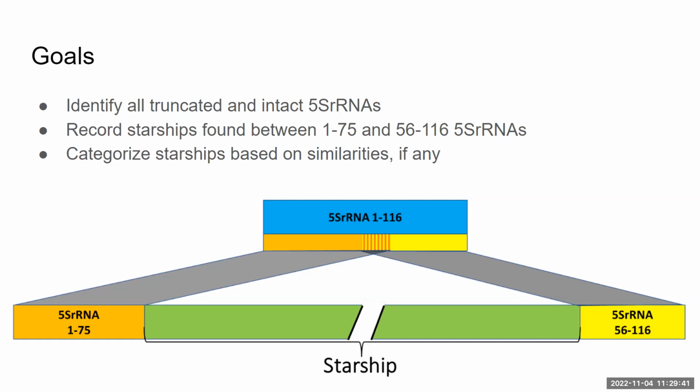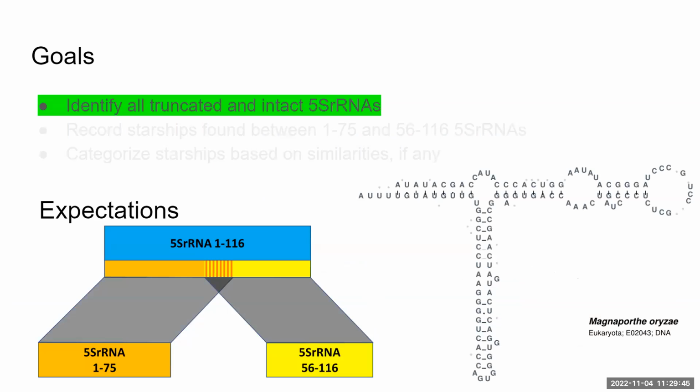So 5S RNAs are elements that we find in the Magnaporthe genome, and we notice that these 5S RNAs will split. So when they are intact, they go from base pair 1 to 116. And when they split, they'll go from 1 to 75 and then 56 to 116.